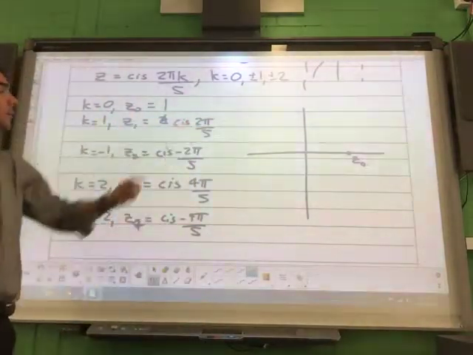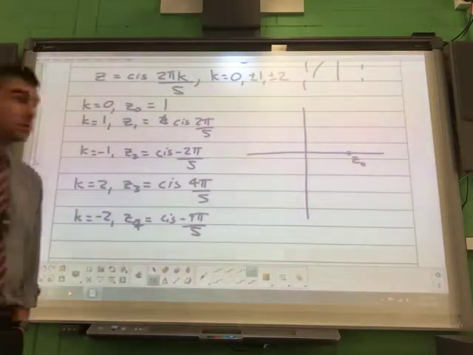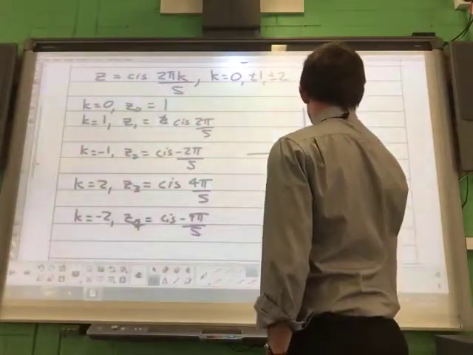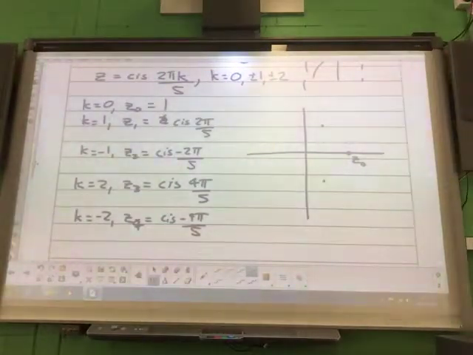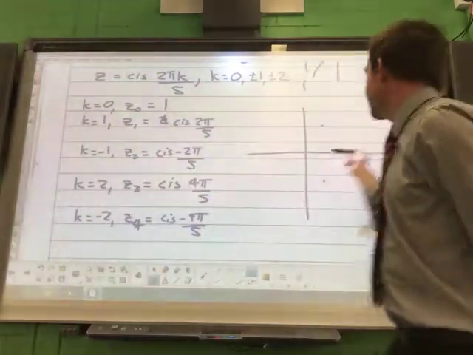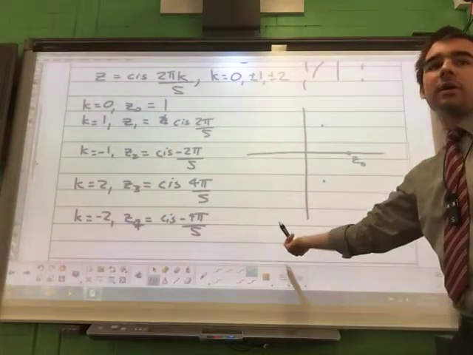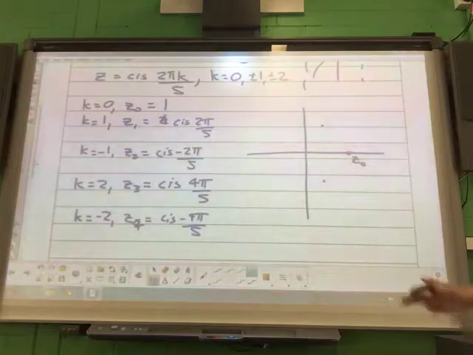Then 2 pi on 5. So we've got 360 divided by 5, which is 72. And we have the flip on the x-axis for your conjugate pair solution. So in other words, you're going around 2 pi on 5 this way, and negative 2 pi on 5 the other way, giving the same vertical alignment of your solution.